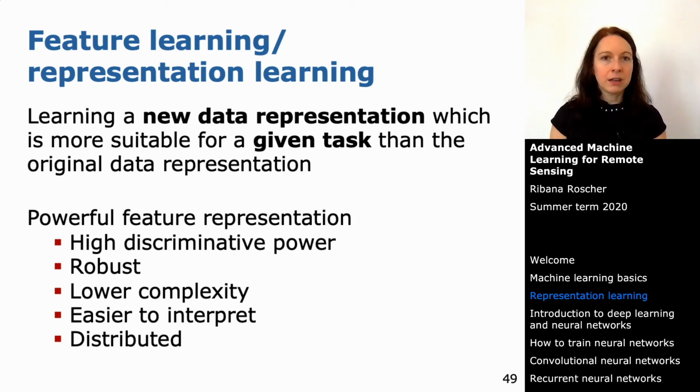Some characteristics we want to have: we talked about discrimination power. You want to have it robust, so when you change the input data, the new data representation also only changes a bit. You want to have a lower complexity, and so on.